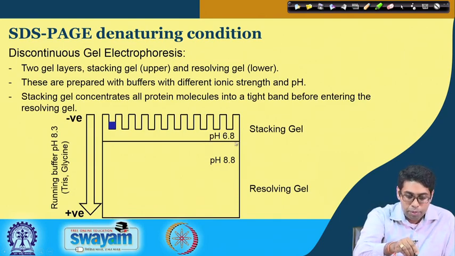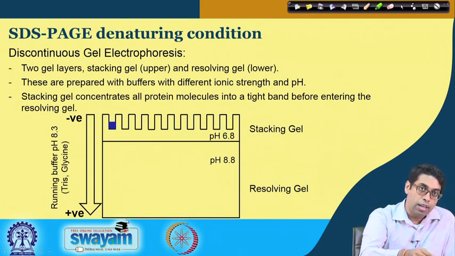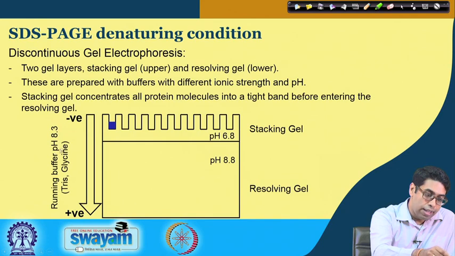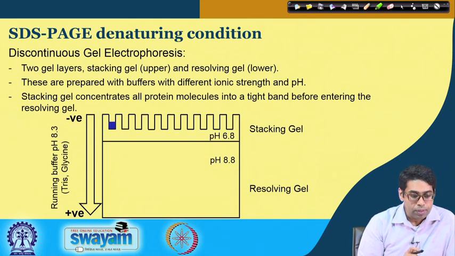The stacking gel is prepared using a buffer of pH 6.8, the resolving gel is prepared using a buffer of pH 8.8, and the running buffer, so this is the buffer which actually passes through the gel and is responsible for the electric current that goes through the gel. This buffer is at pH 8.3. So, we have 3 different buffers with 3 different pH values.